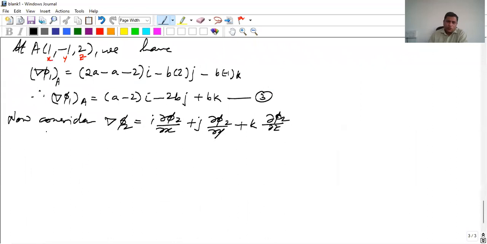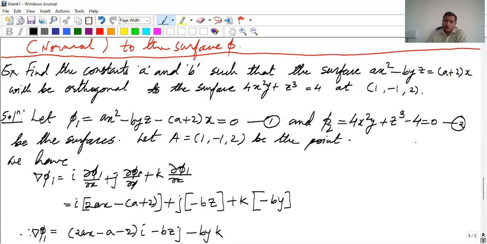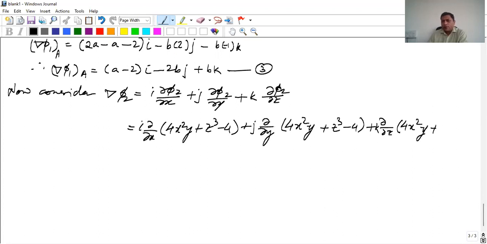So we get i ∂/∂x of (4x square y plus z cube minus 4) plus j ∂/∂y of (4x square y plus z cube minus 4) plus k ∂/∂z of (4x square y plus z cube minus 4).